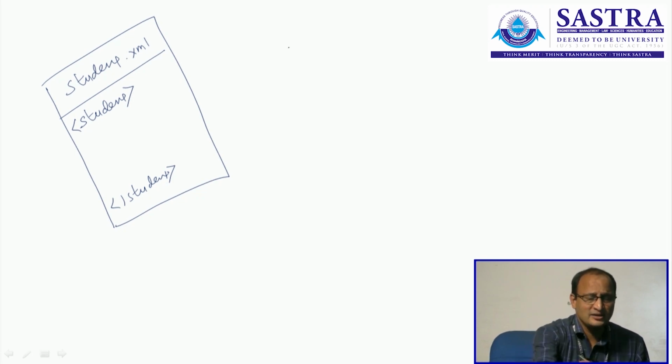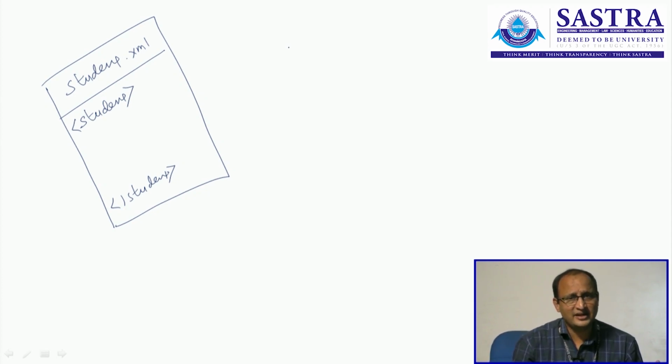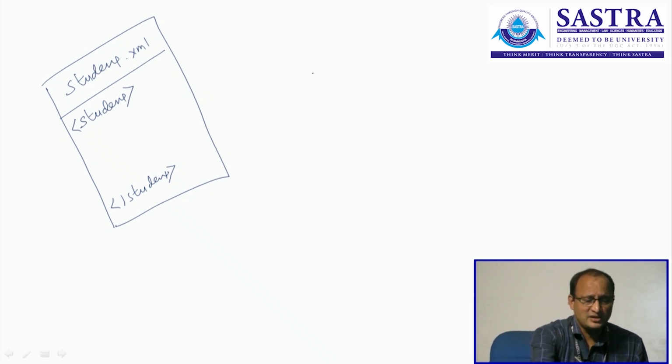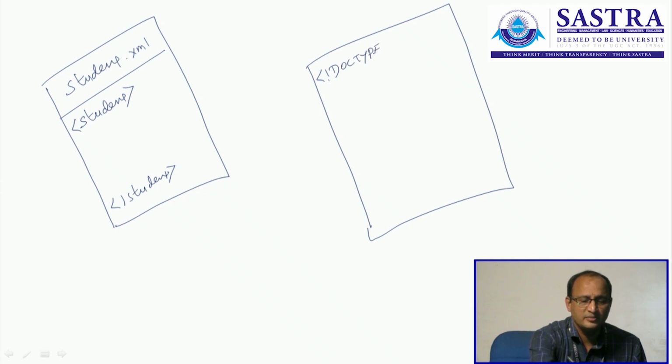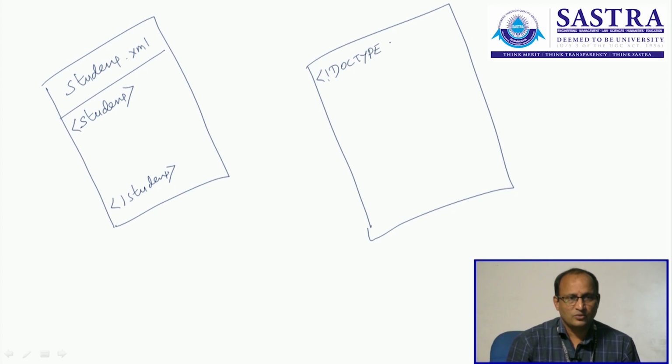When I am writing a DTD, whether it is internal DTD or external DTD, the DTD document should start with doc type, right? So exclamation, DOCTYPE. It's an opening tag for including DTD.